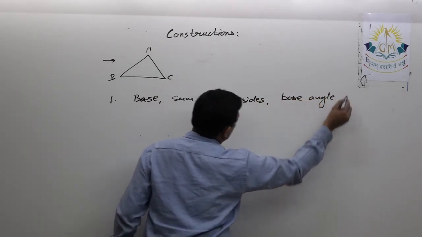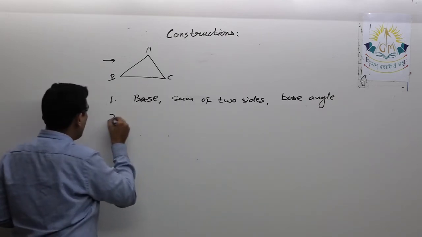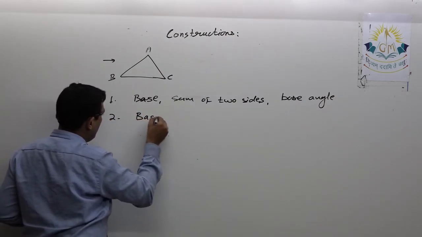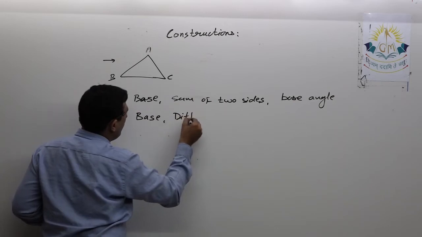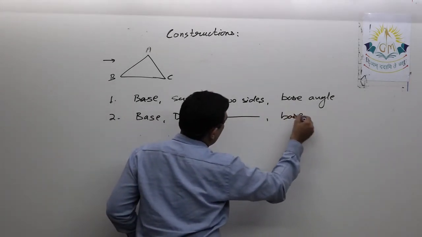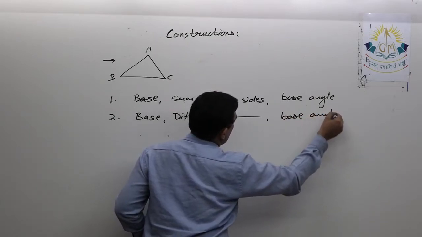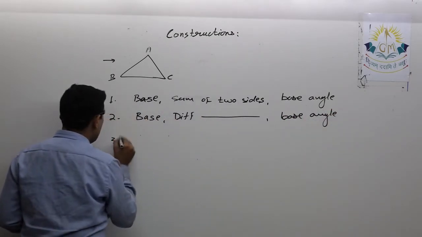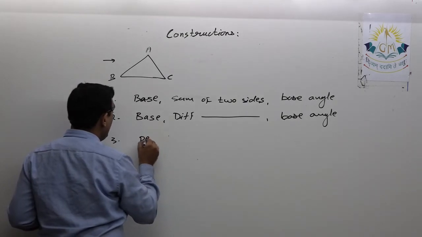This is the first type of construction. In the second type of construction, again the base is given, but instead of the sum of two sides, the difference of two sides is given and one base angle is given. And the third type of construction is this, in which the perimeter is given.